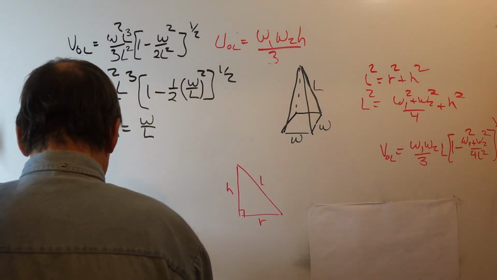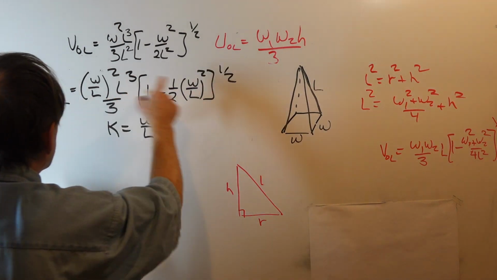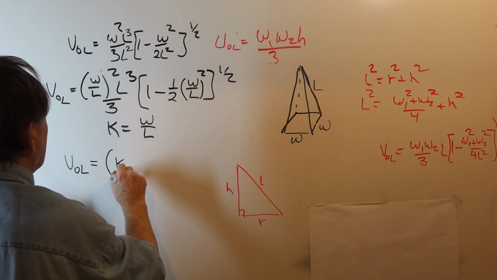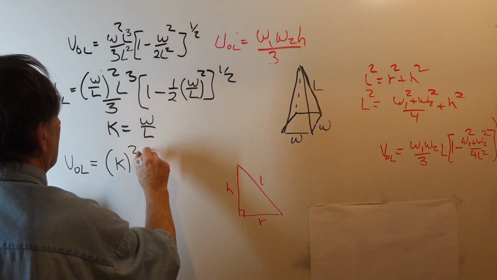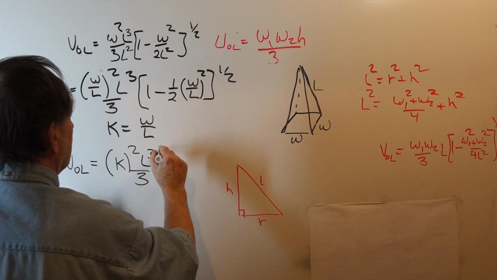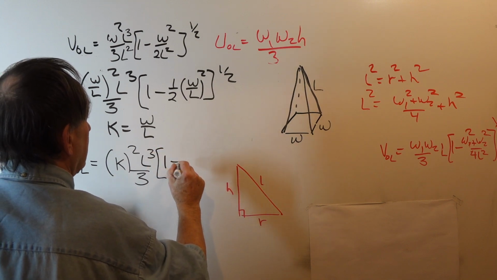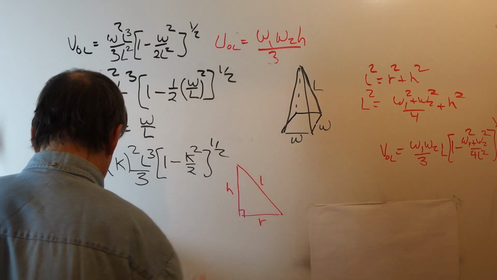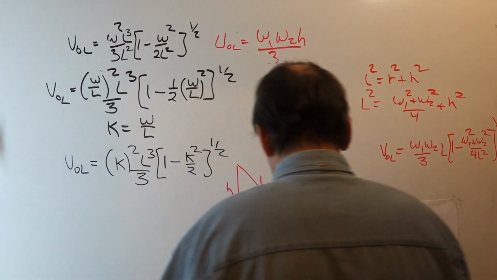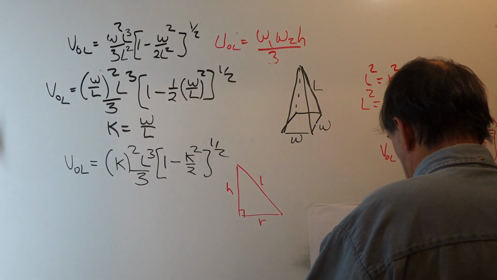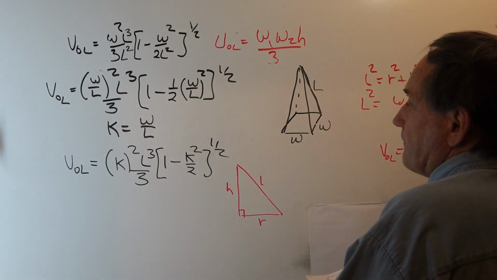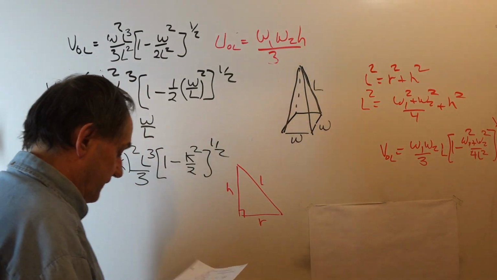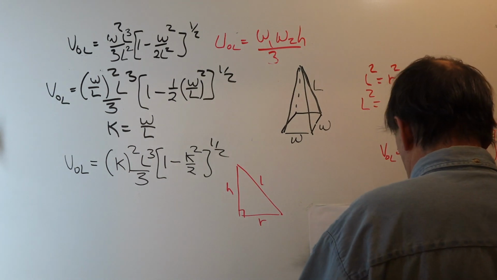Now, if we do that, we can express in terms of K, so our volume then becomes K squared L cubed over 3 times 1 minus K squared over 2 to the 1/2. So this is our equation for the volume of the square base pyramid.